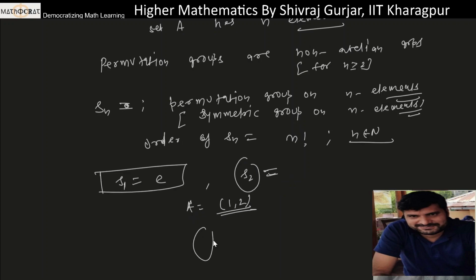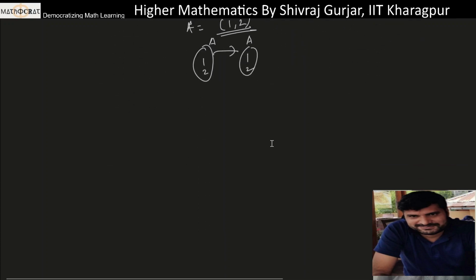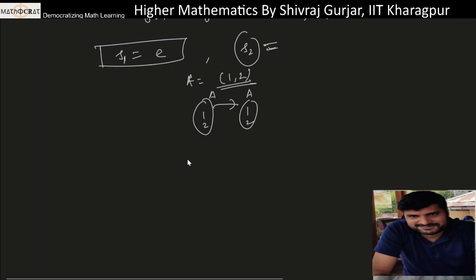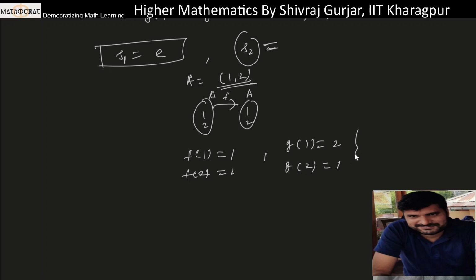So this is 1 and 2, this is 1 and 2, this is set A and A. So from A to A we need to see 1-1 and onto mappings. So there are only two possibilities. Either suppose this is mapping F, where F1 goes to 1 and F2 goes to 2, or suppose the other mapping G, where G1 goes to 2 and G2 goes to 1. So only these two mappings are possible.